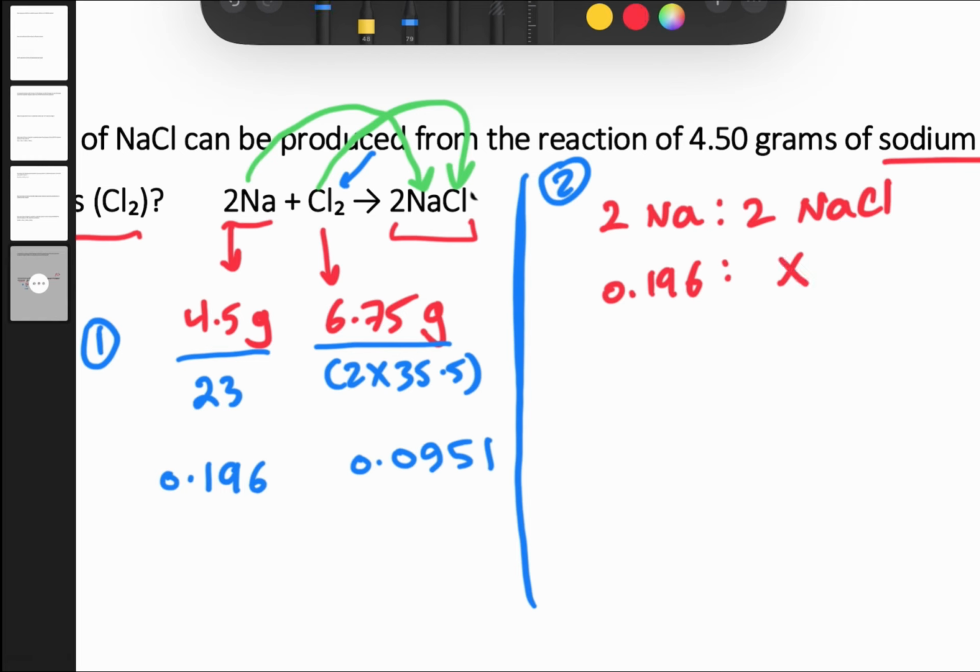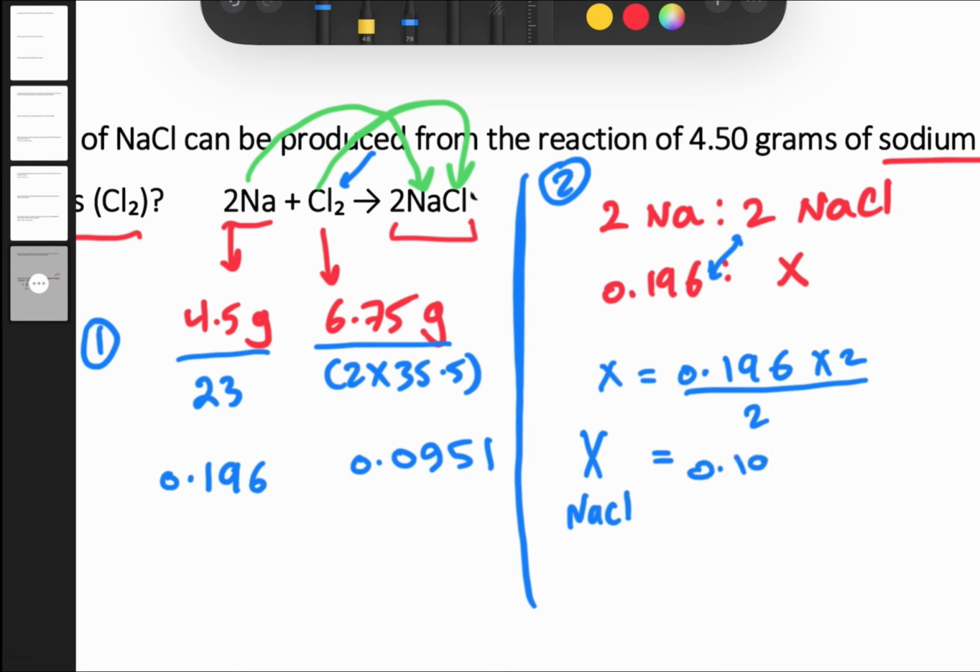You just make a calculation: you multiply these two numbers and divide them over 2. X equals 0.196 times 2 over 2. Then the possible moles of NaCl are equal to 0.196. So this could be the first probable answer.